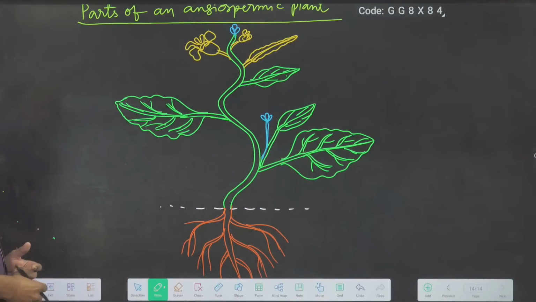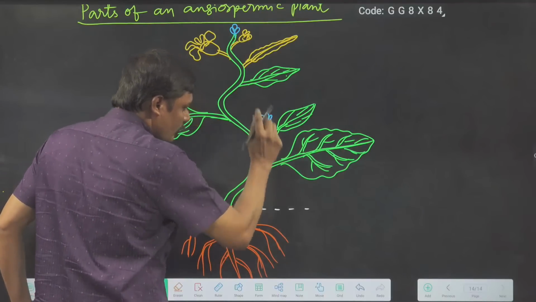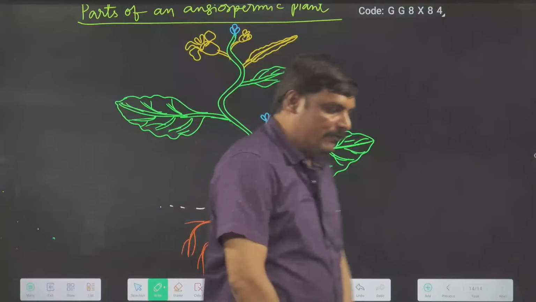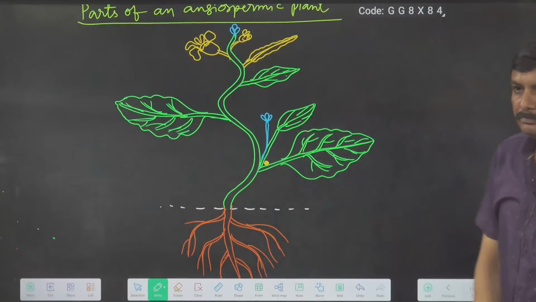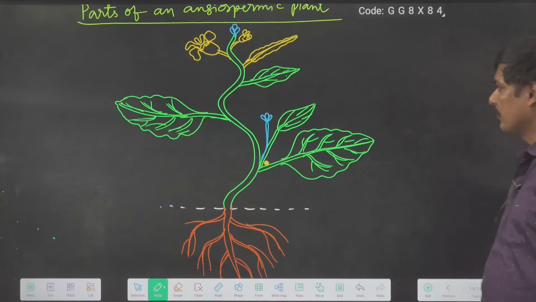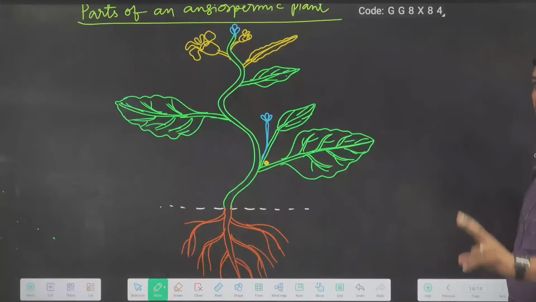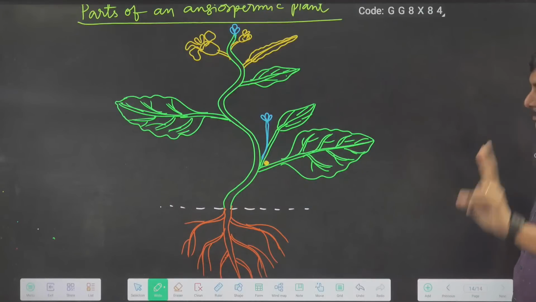See this, all of you. This is the parts of a flowering plant. For example, I have drawn an angiospermic plant, a flowering plant. Angiosperms are called flowering plants, right? Now, if you see the plant, basically you find two parts.